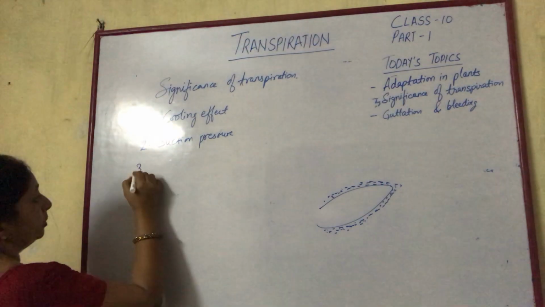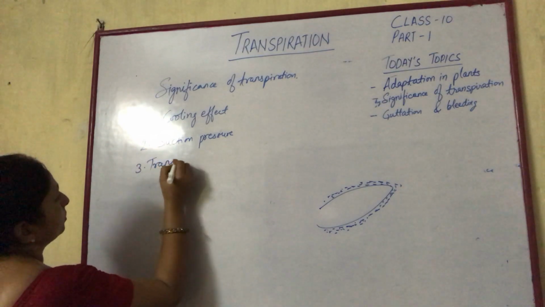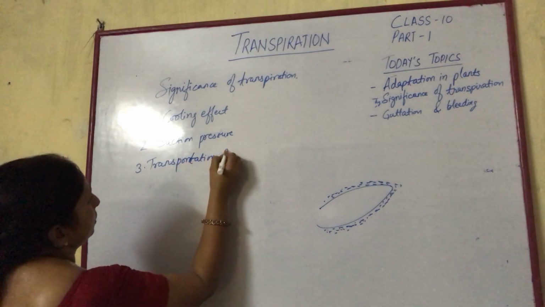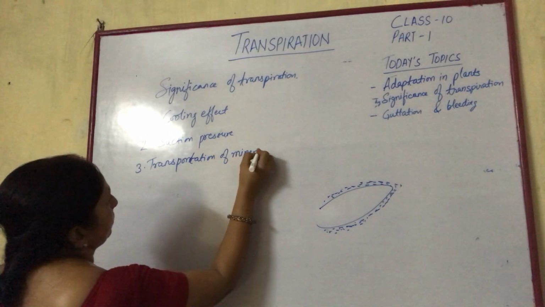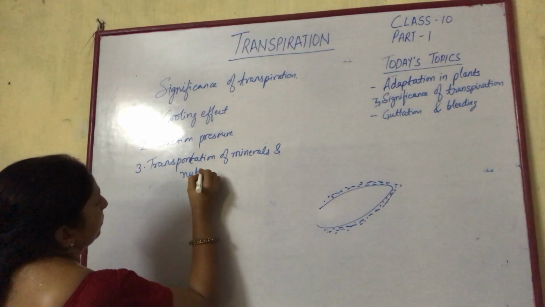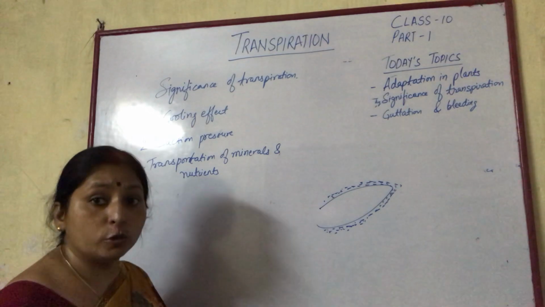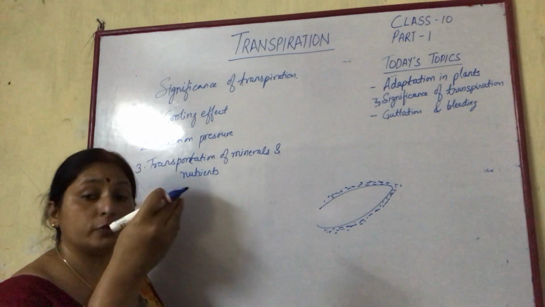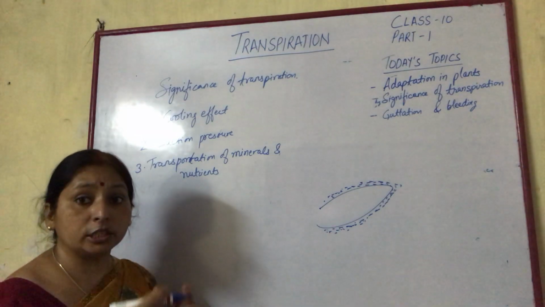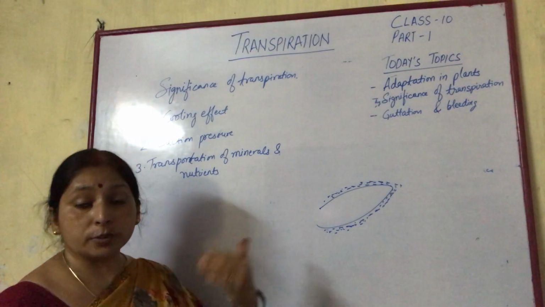Next is number 3, which is transportation of minerals and nutrients. Since the water has to be transported from the lowermost part, which is the roots, to the shoot, which is the highest point of the plant, that transportation involves all the tissues, all the vascular parts, or all the cells in this transportation process.